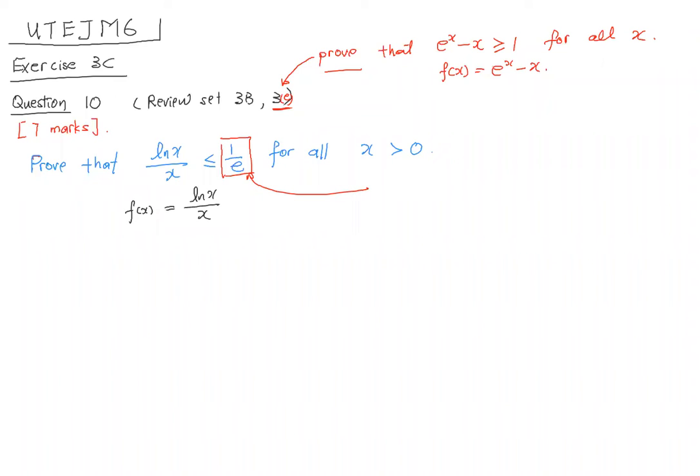Yeah, okay, the range of f(x). I mean, I know that my f(x) is less than or equal to 1 over e. So how do you interpret this 1 over e? By saying the range, it doesn't help you to solve the problem. Am I right?